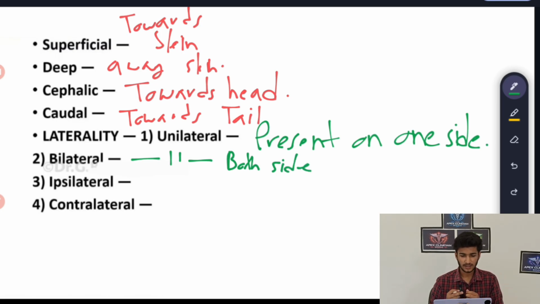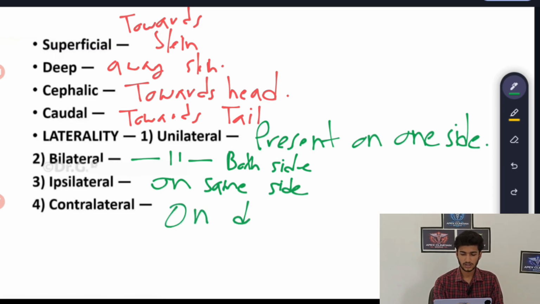In ipsilateral, on the same side of the body, if the organs are present on the same side of the body. And contralateral, that is if the organs are present on the opposite side of the body.